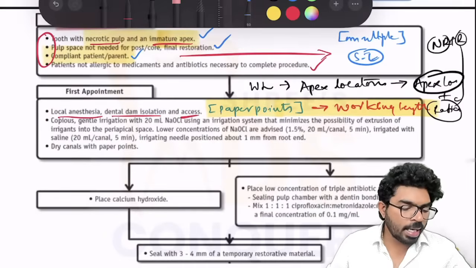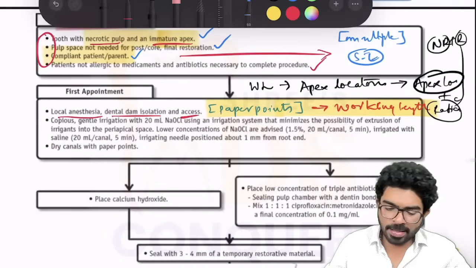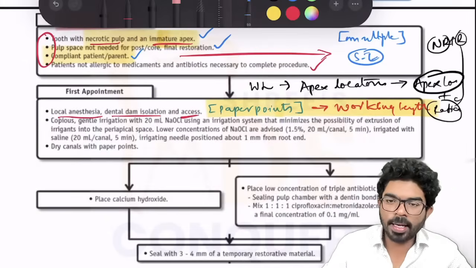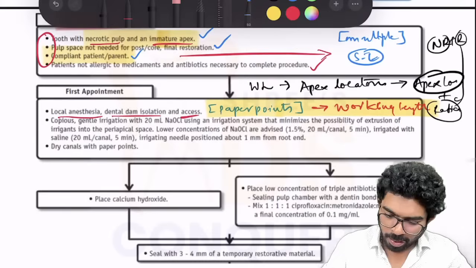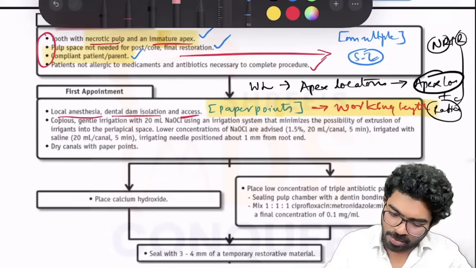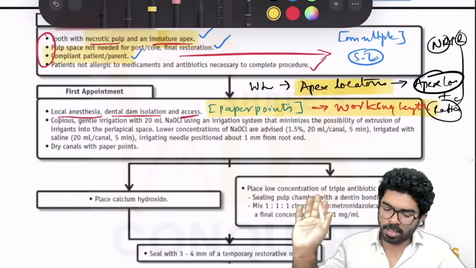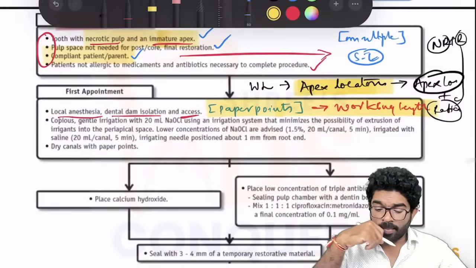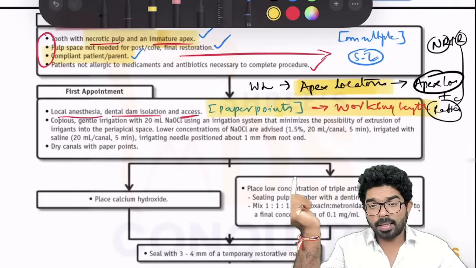Can you tell me what are the conditions where apex locators and EPTs are contraindicated? Normally the most common method is apex locator or apex locator confirmed with a radiograph, but there are conditions where they are contraindicated.